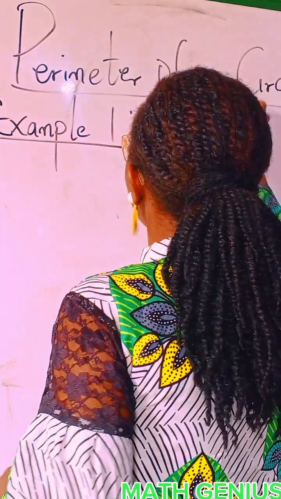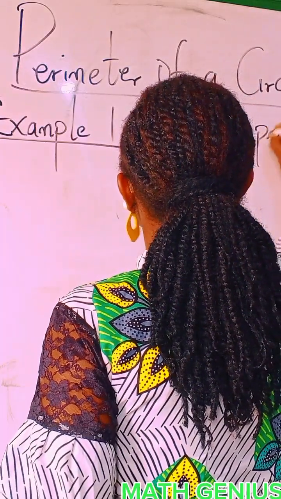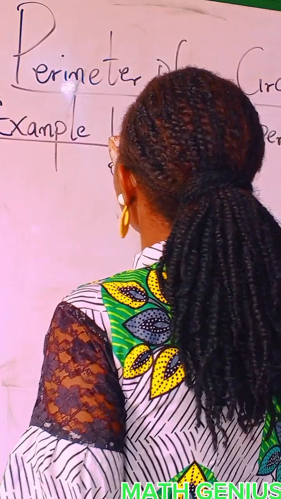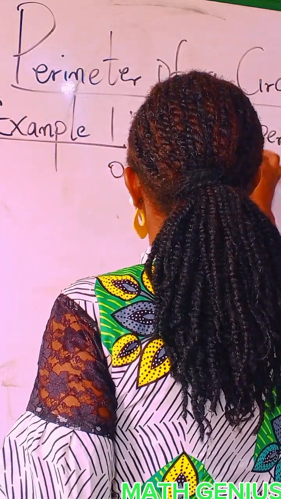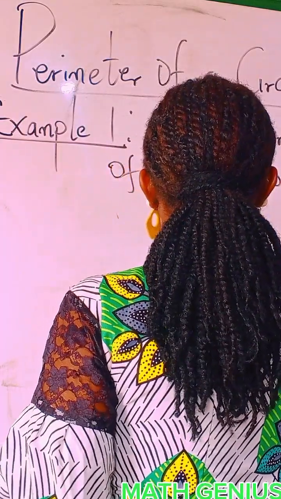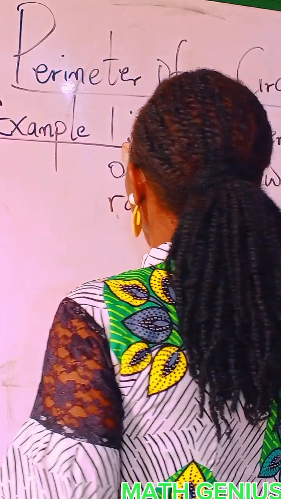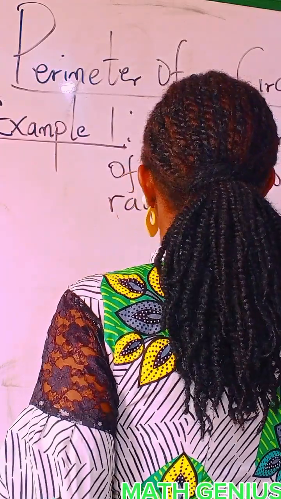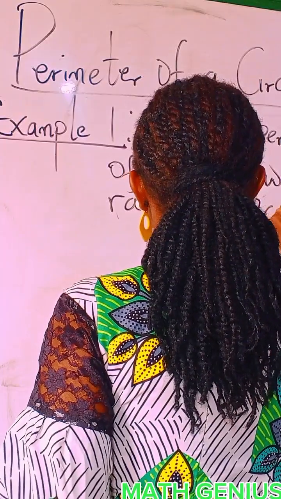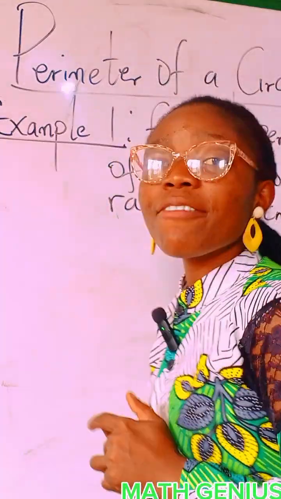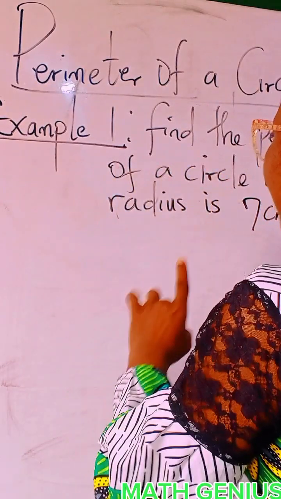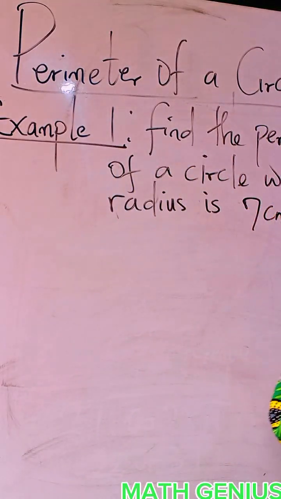Find the perimeter of a circle whose radius is 7 centimeters. We have a question before us which we need to apply the formula on. Find the perimeter of a circle whose radius is 7 centimeters.